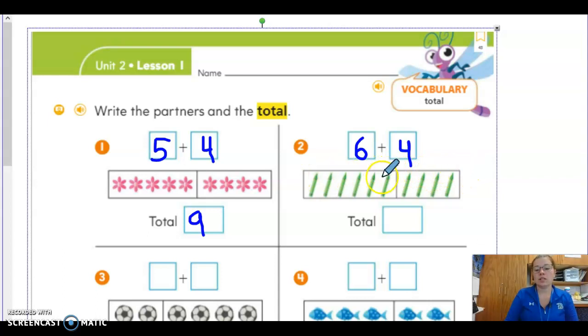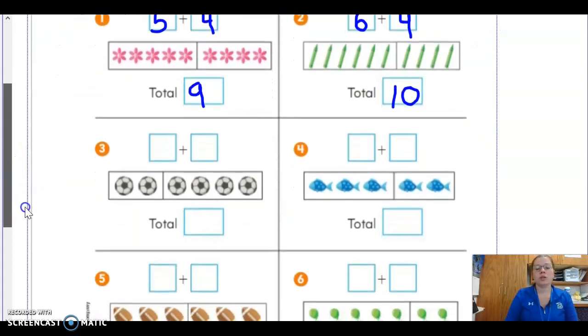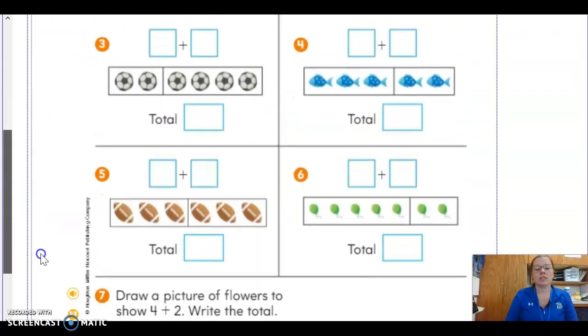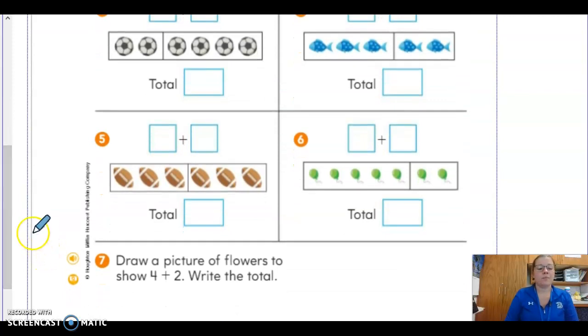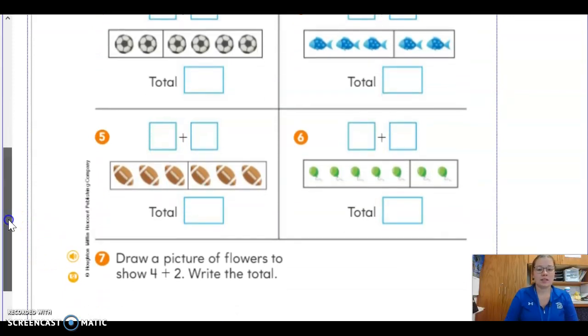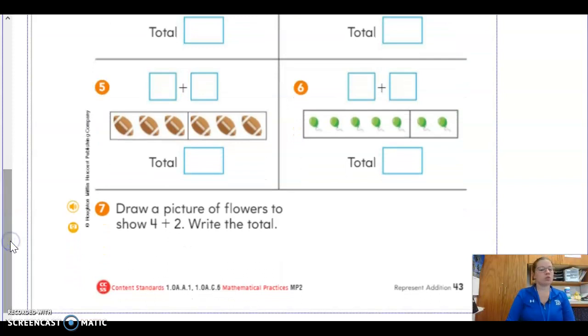Or we could start at 6 and count up, 7, 8, 9, 10. Either way, we end up with 10. Okay, please try 3, 4, 5, and 6 on your own. Moms and dads can check that. Okay, I'm sure you'll do just fine though because you're all very good at counting.